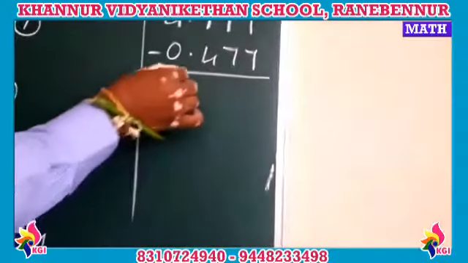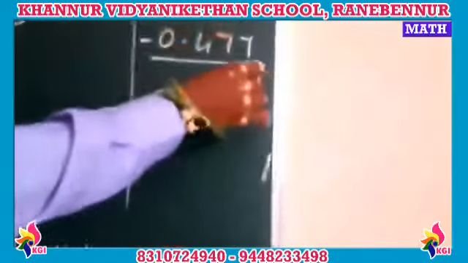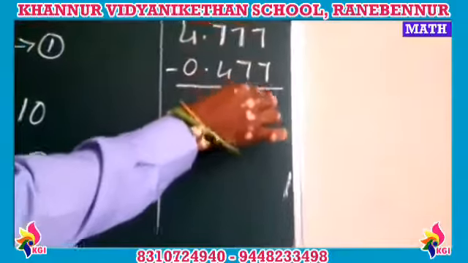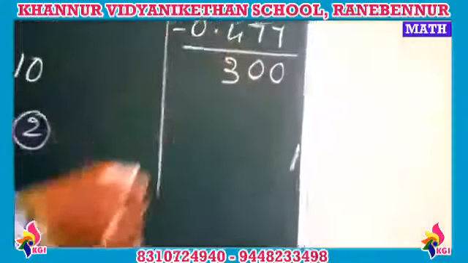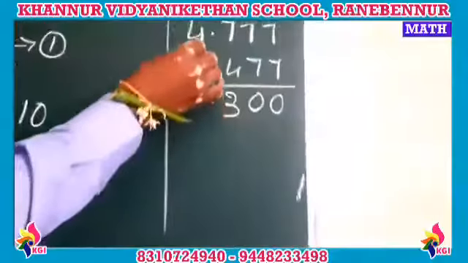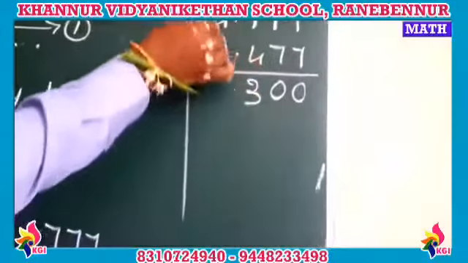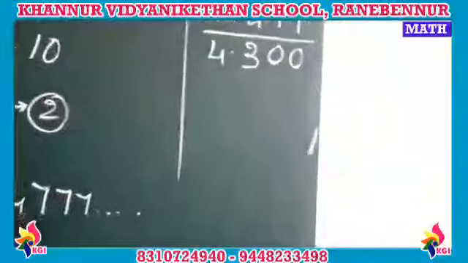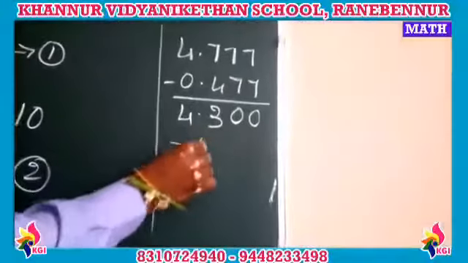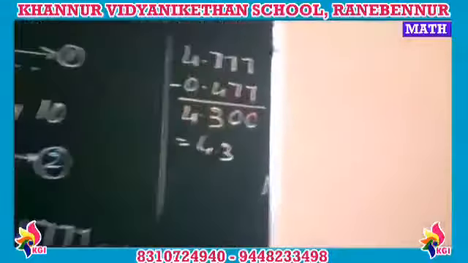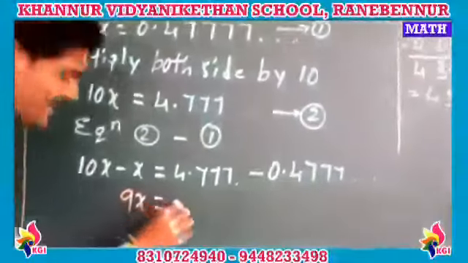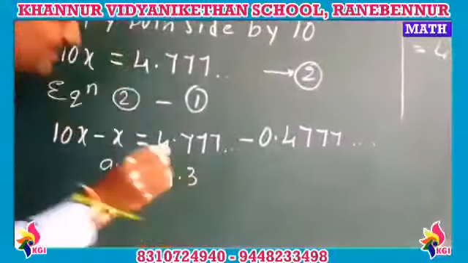When I make the difference, 7 minus 7, 0. 7 minus 7, 0. 7 minus 4, that is 3. Point, as usual you have to put. Then 4 minus 0 is 4. The total answer we can write as 4.3. The zeros can be skipped off. So the answer I am going to get is 4.3.